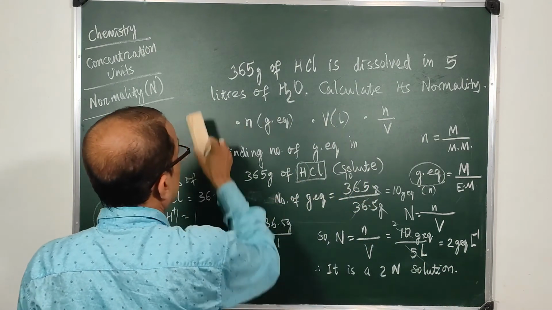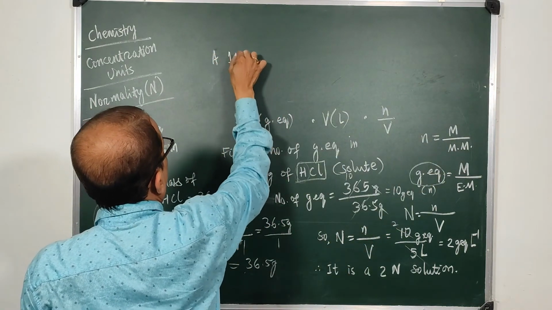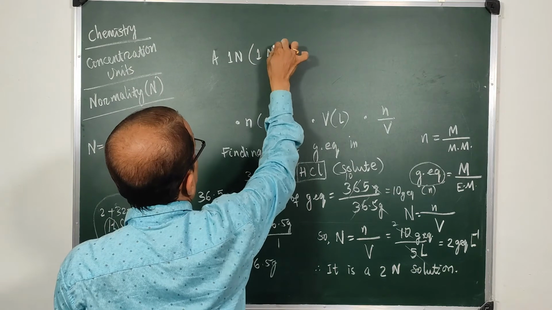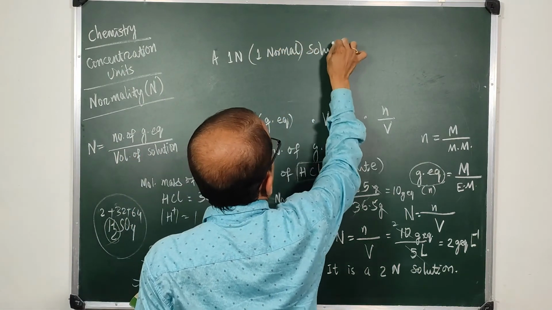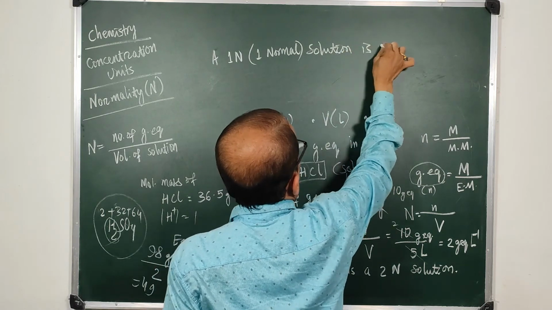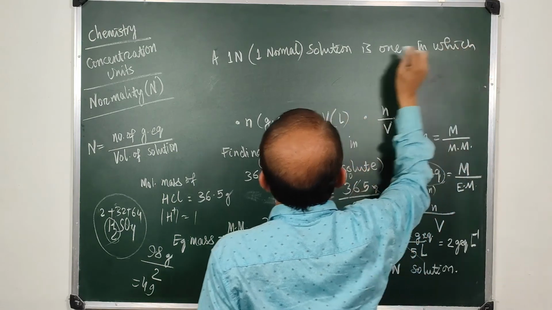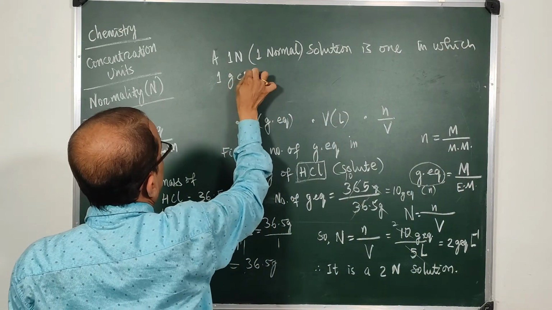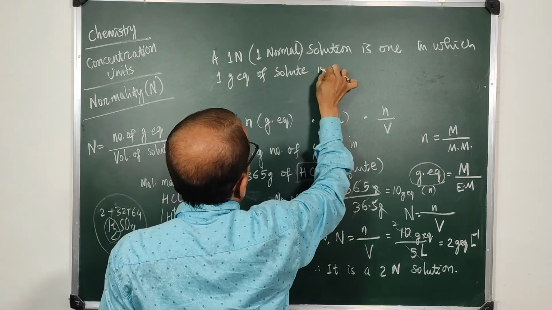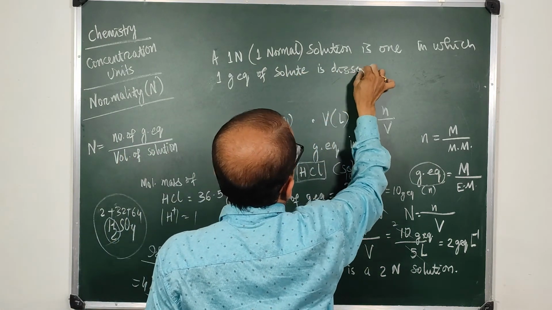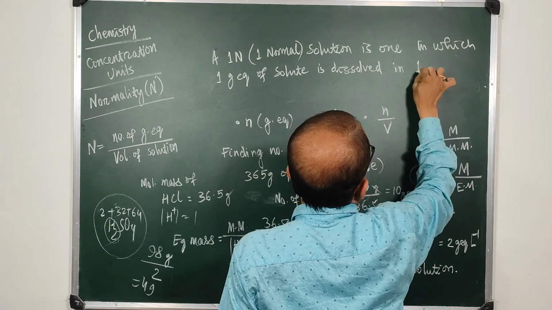Now how to define a normal solution? A 1N, read as 1 normal, solution is one in which 1 gram equivalent of solute is dissolved in 1 liter of solution.